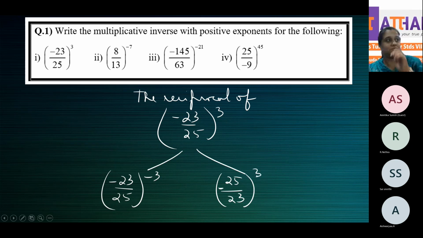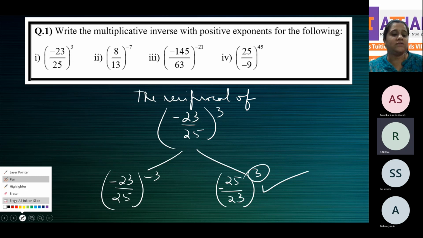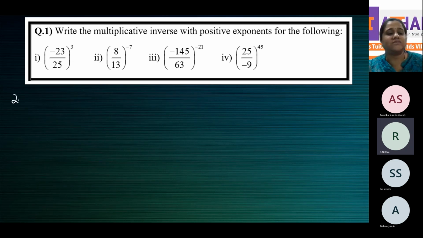Correct? Which one will you choose? This one. Why? Because you want a positive power. Online students, am I correct? Yes, sir. There are two ways of writing the reciprocal. Choose the one in which the power is positive. Ma'am, you should choose the positive power. Second one.